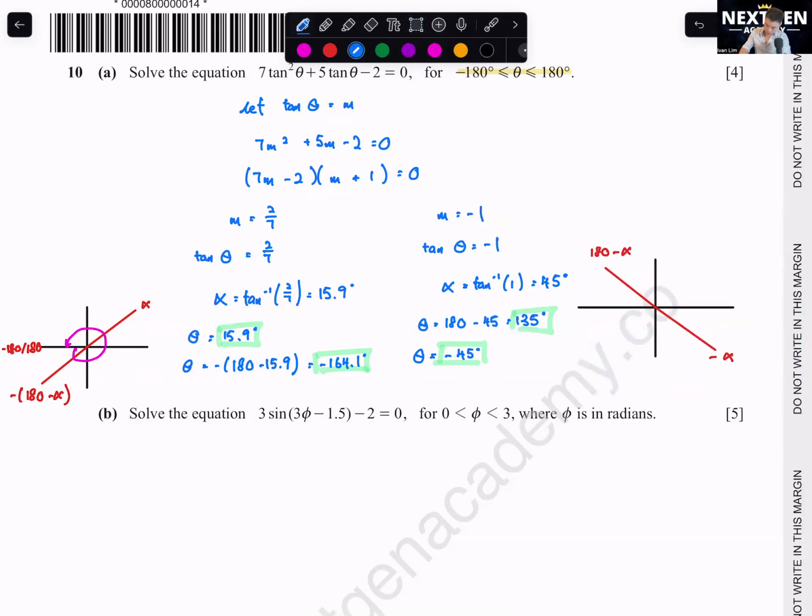You write down all your answers. Your theta, you write from smallest to biggest. Minus 164.1 degrees, minus 45 degrees, 15.9 degrees, and 135 degrees. Okay, you need all 4 answers over here.